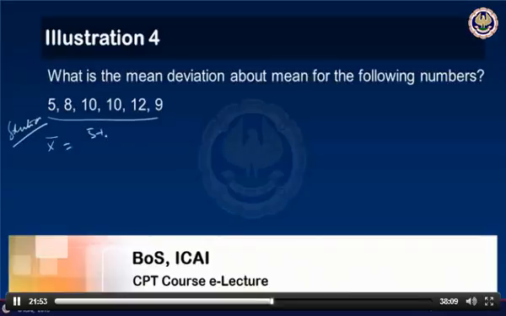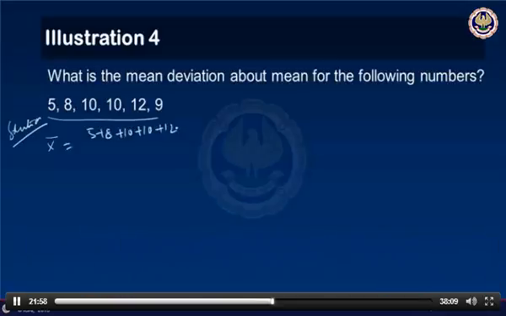Mean equals 5 plus 8 plus 10 plus 10 plus 12 plus 9. Here the observations are 6, so this is 54 divided by 6, which is 9.